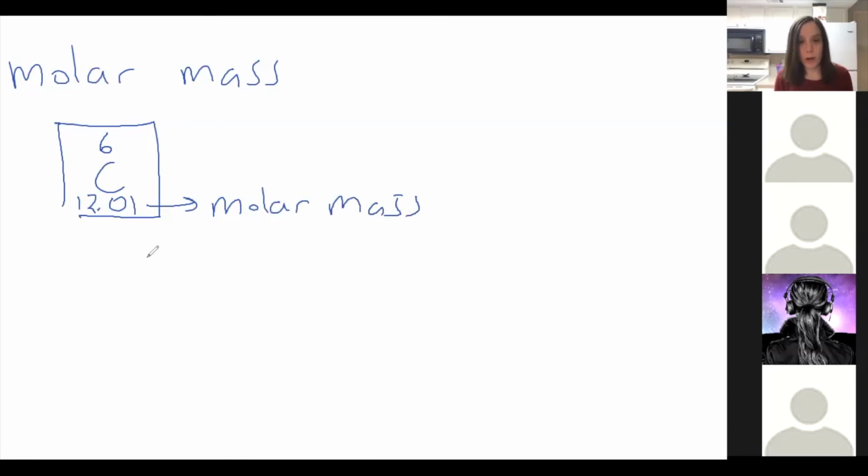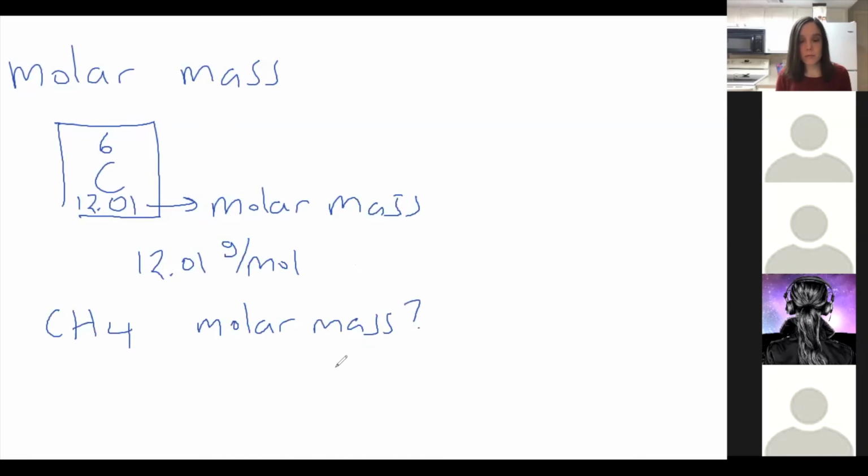So we know that for carbon, there's 12.01 grams for every 1 mole of carbon. But what if you had CH4 and you wanted to know its molar mass? So all we need to do here is add up the molar masses of each atom and put them together. So we know that for carbon, it's 12.01.